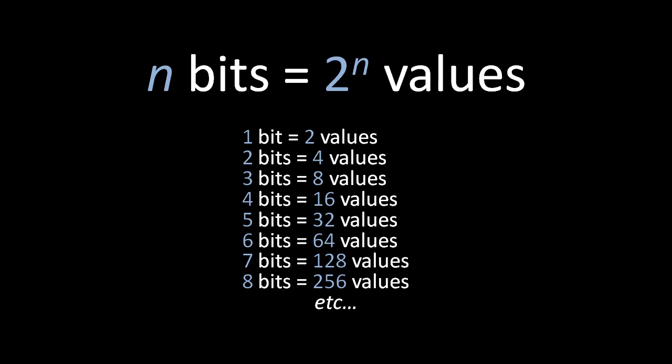The answer is that if you have n bits, then you can represent 2 to the n unique values. This makes sense because if you have 1 bit, then you can only represent 2 possible values, 0 or 1, but then if you add 1 more bit, you are effectively doubling the number of values, from 2 to 4. If you add another bit, you're doubling again to 8. And in fact, every time you add 1 more bit, you're doubling the number of possible values.